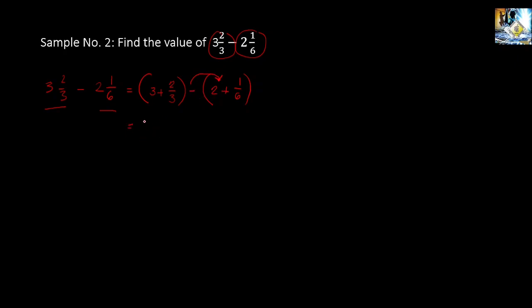It becomes 3 plus 2/3. Negative times positive, that will become negative 2. Here you multiply, we have a positive here, it will become negative, and negative times positive is still negative. That is 1 over 6.